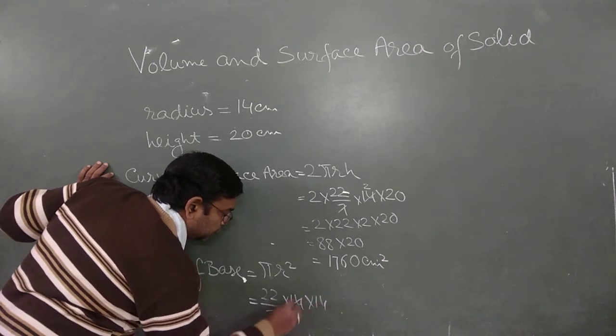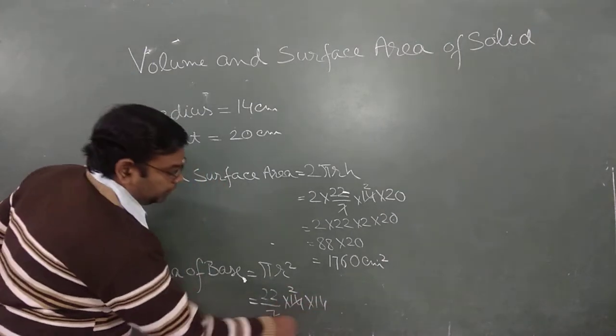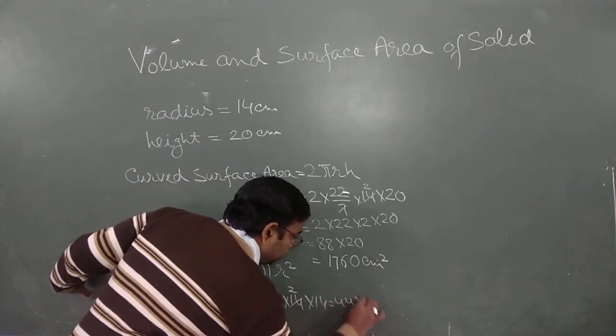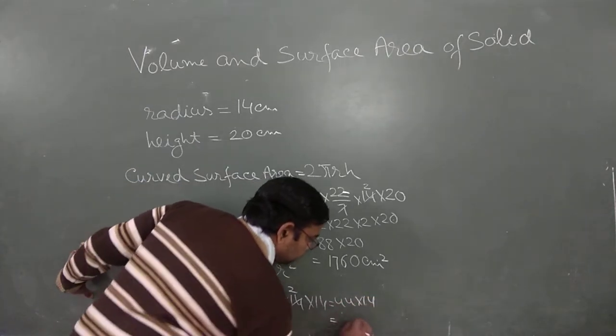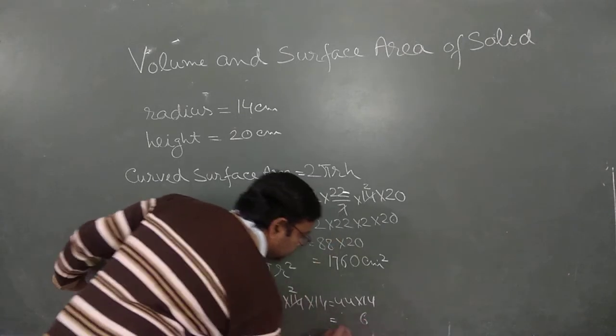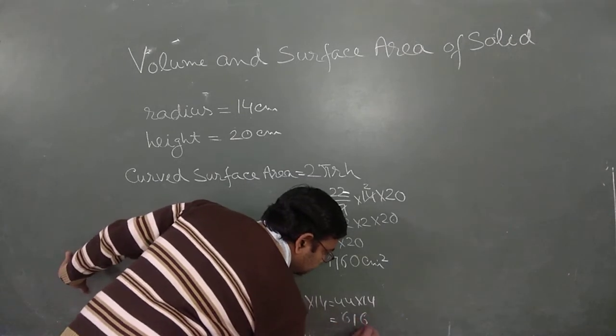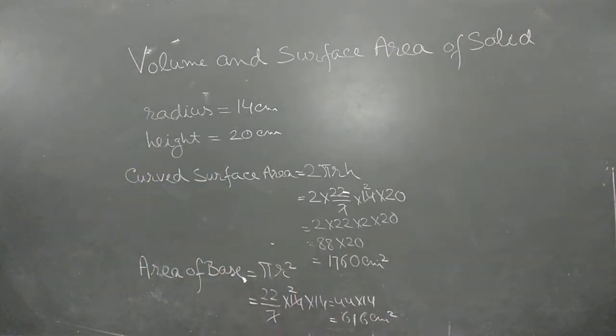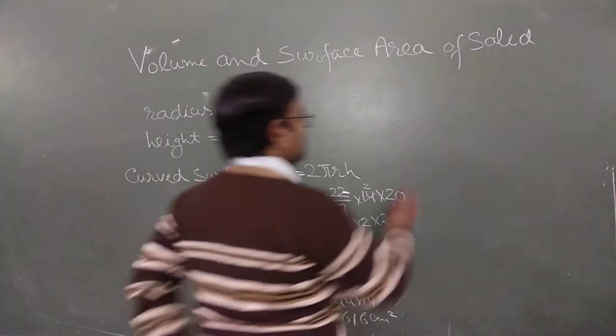When you multiply it, you have the answer: 44 into 14, which is 616 centimeter square.